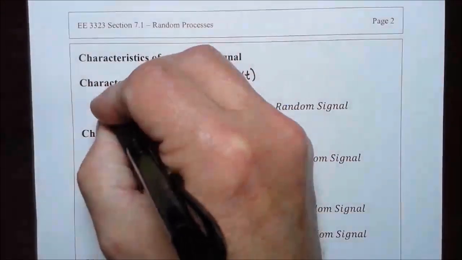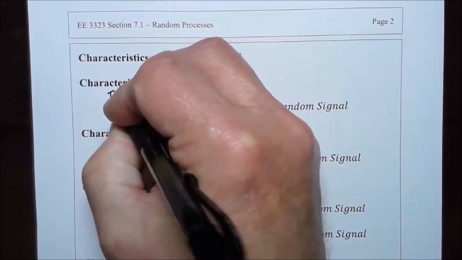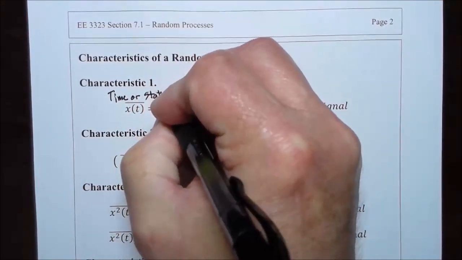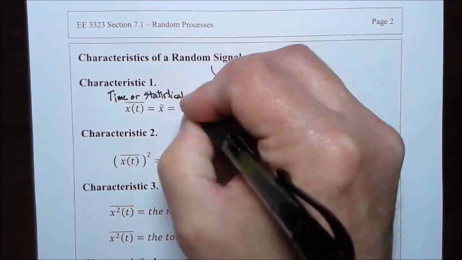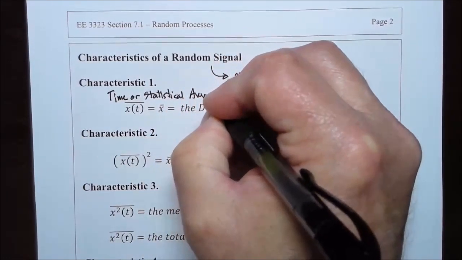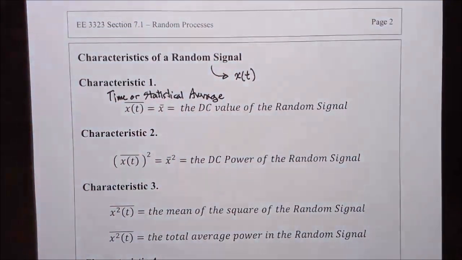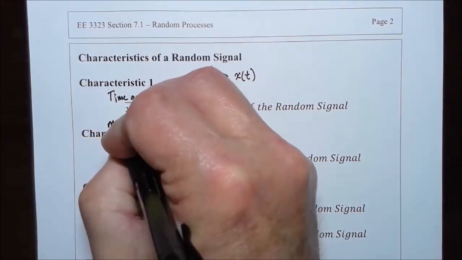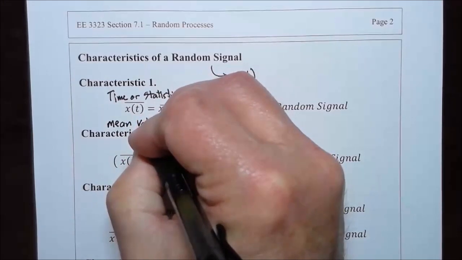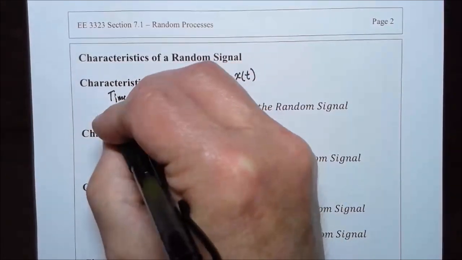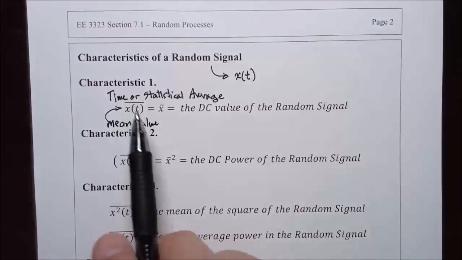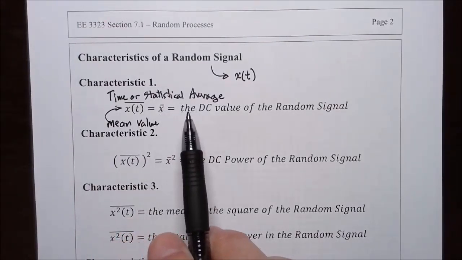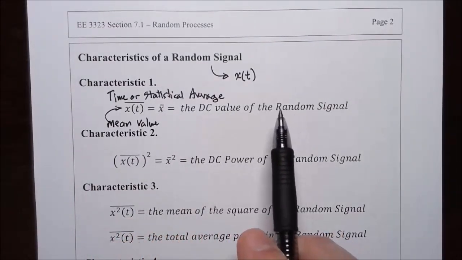So this is the time or statistical average, or we will call it the mean value as well, with the bar across the top.